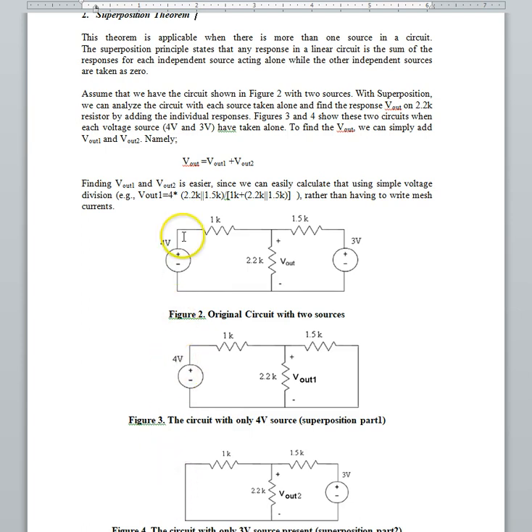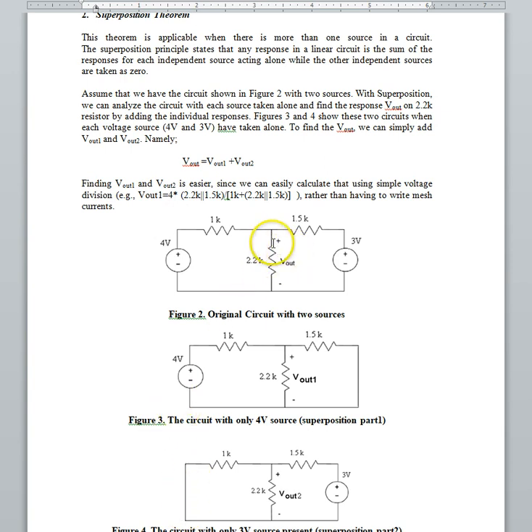So when we remove one of the sources, a voltage source is simply replaced by a short. So therefore you have this wire. And similarly, when the 4 volt source is not there, you simply replace it with a short.